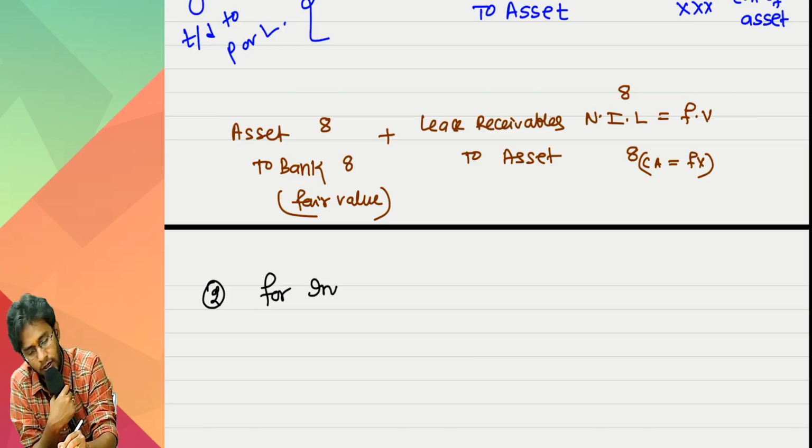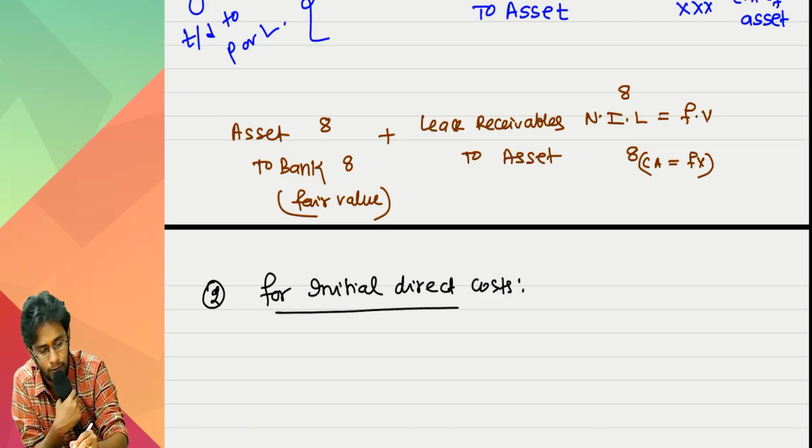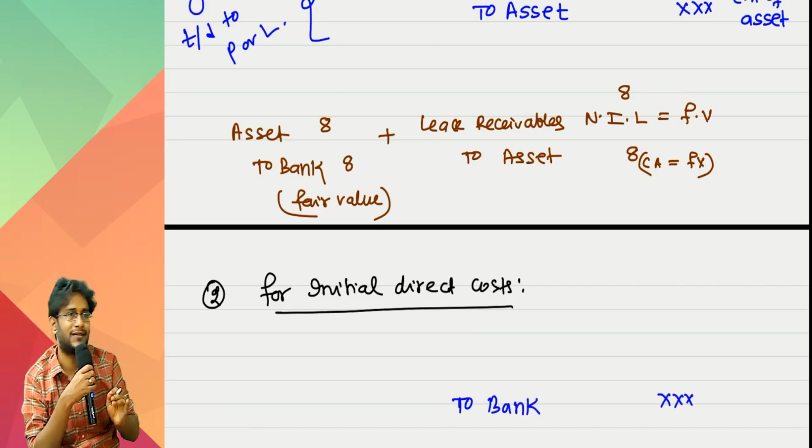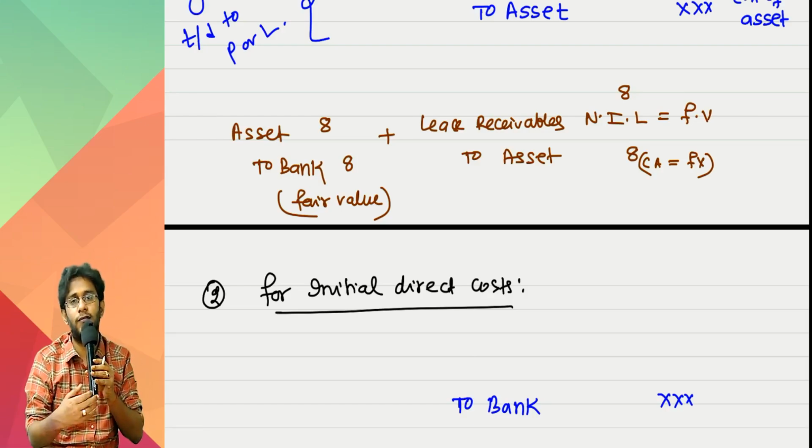For initial direct costs, if you incur any expenses, as usual you'll write to bank because money you have paid. This is just like incurring transaction cost in the course of a loan given.